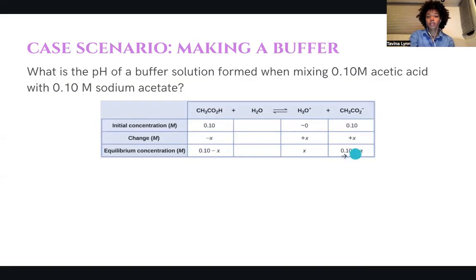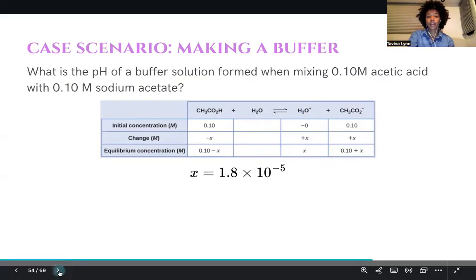So we get our equilibrium concentration expressions. And to get the pH, we want to know what the concentration of our hydronium ions are. So using our Ka expression, we will find X.